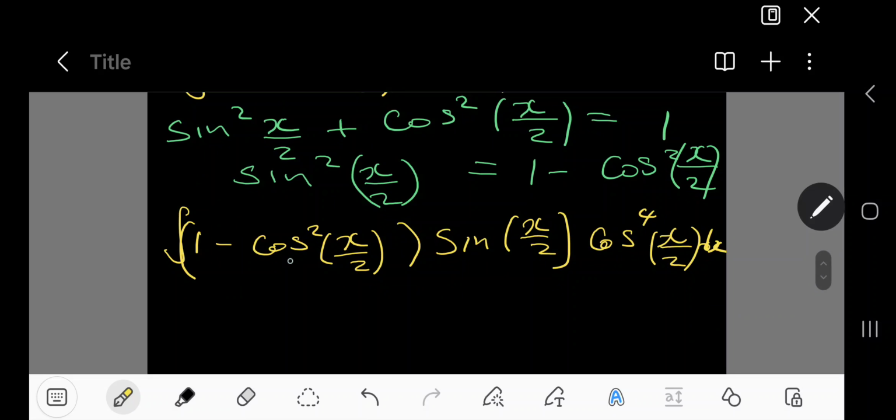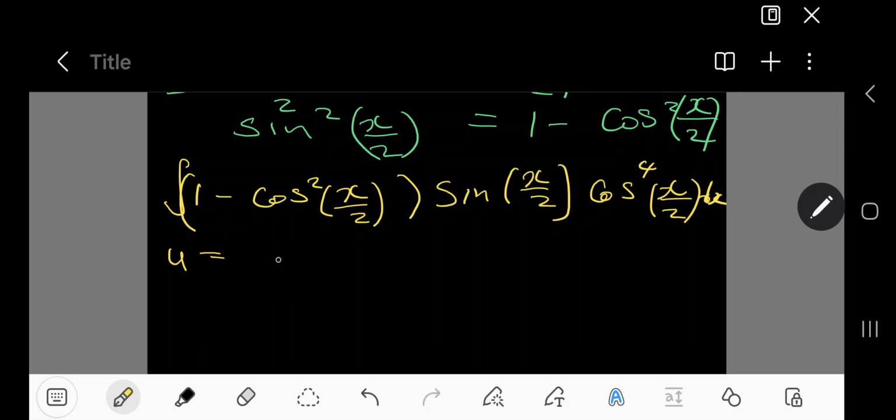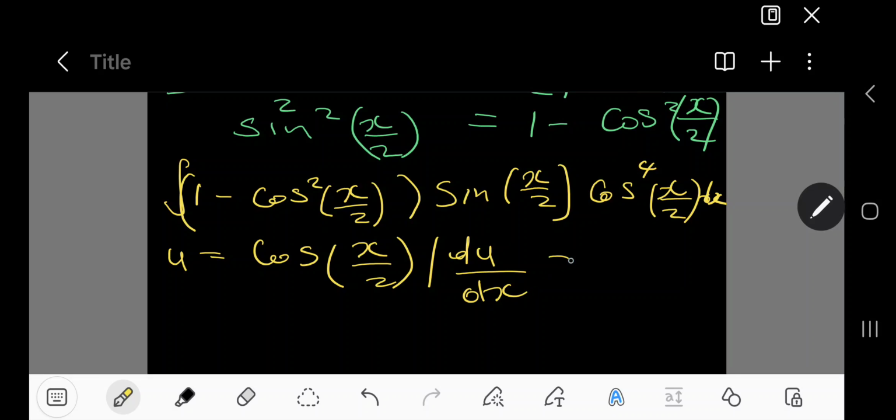Now we want to make u equal to cos x over 2. Let's do that. U equal to cos x over 2. And we want to get du over dx. We are differentiating. So cos would be minus sine x over 2.